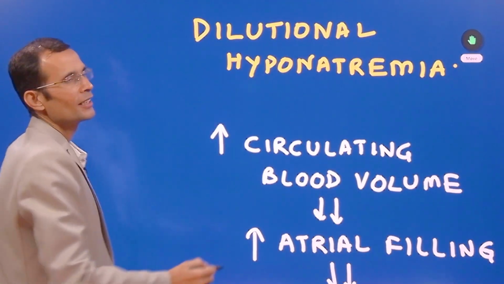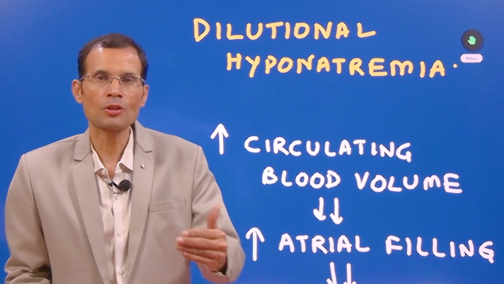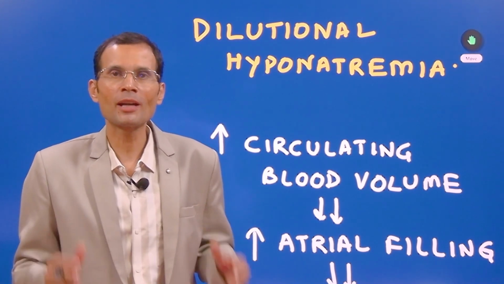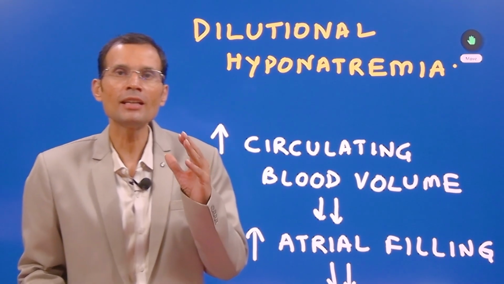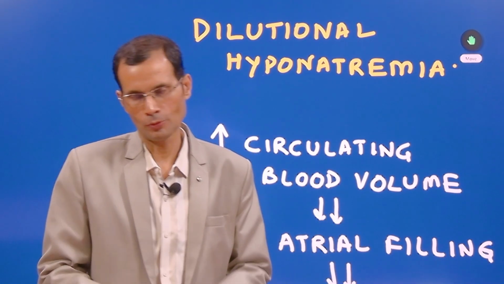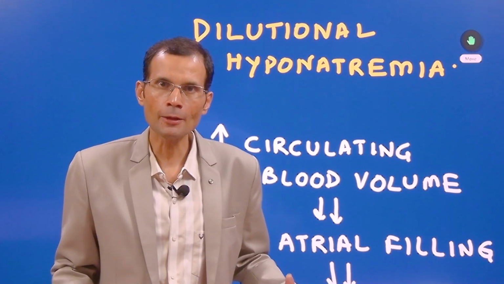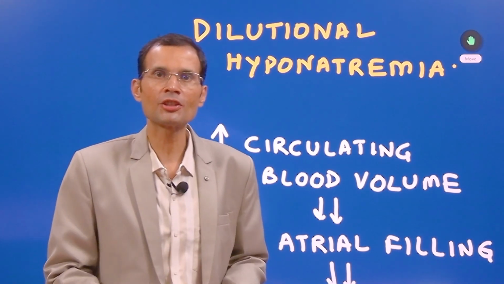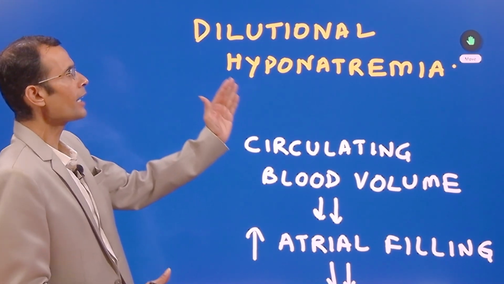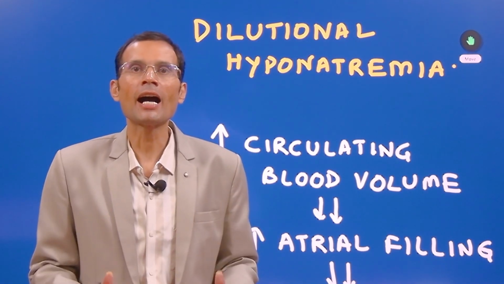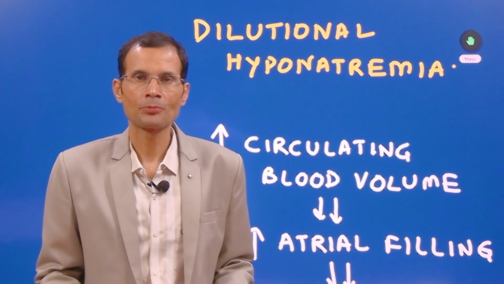Let's see something more extra, or physio plus plus, regarding the hyponatremia. Already we have seen that there is going to be hyponatremia. That's the hallmark of this condition. It starts as dilutional hyponatremia.